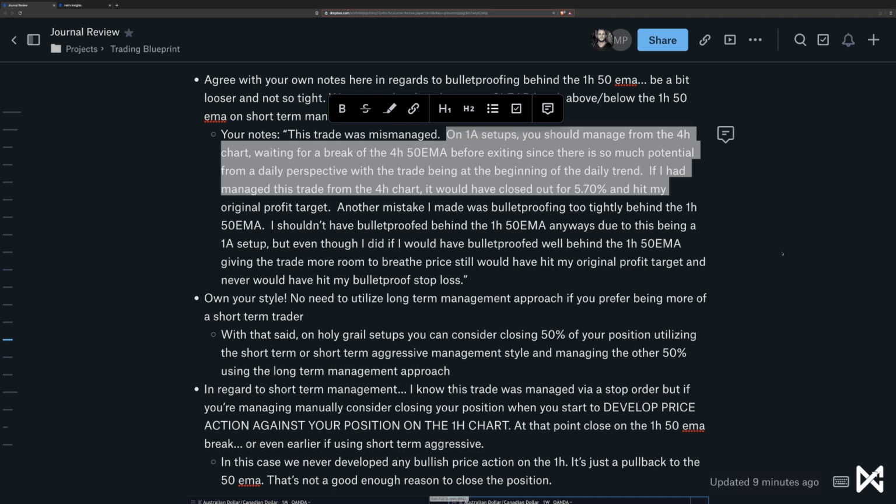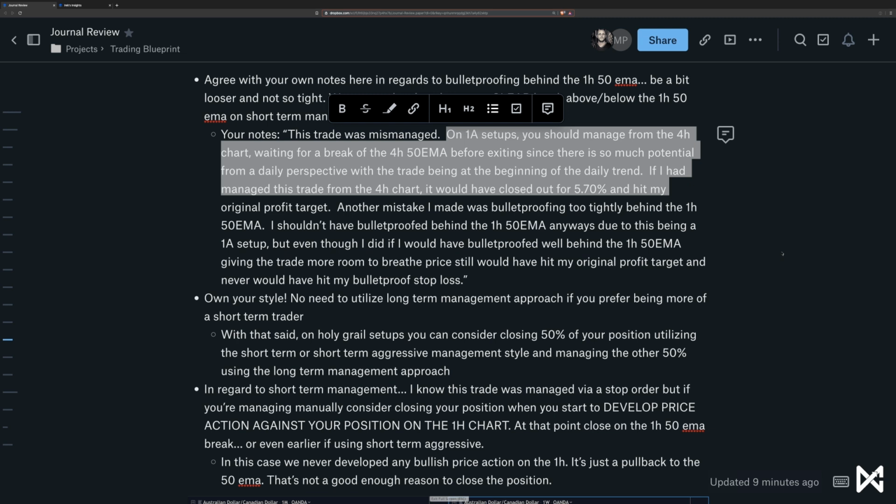If you notice that you have taken so many positions, maybe you've taken 10 positions, and you have 10 examples where if you manage based on the 4 hour 50 EMA, you would have made 20% more in total, right? If you use 4 hour management, at that point, you can decide to switch and use 4 hour management.